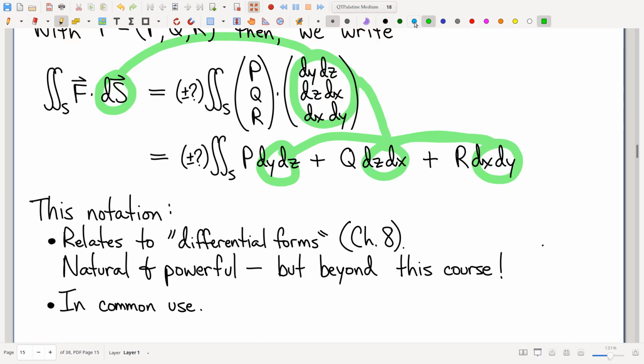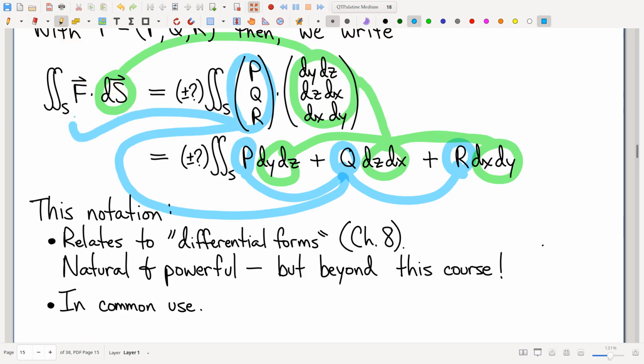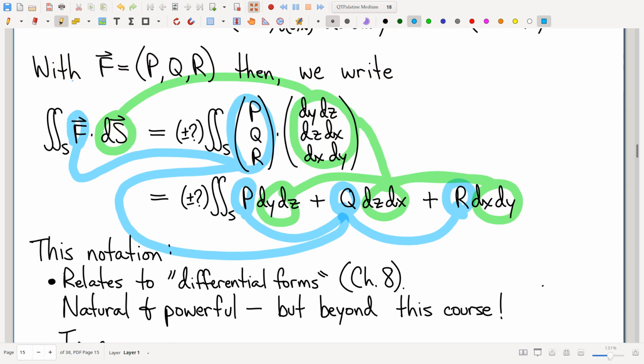And therefore, this P, this Q, and this R, you can use that to interpret it appropriately, to reverse engineer what your vector field is that you're computing a flux of. Anytime you see something that looks like this, work it backwards, reinterpret like this. Everybody okay with that? So for our purposes in this class, this is mostly just a notation to be reinterpreted in a more convenient way.